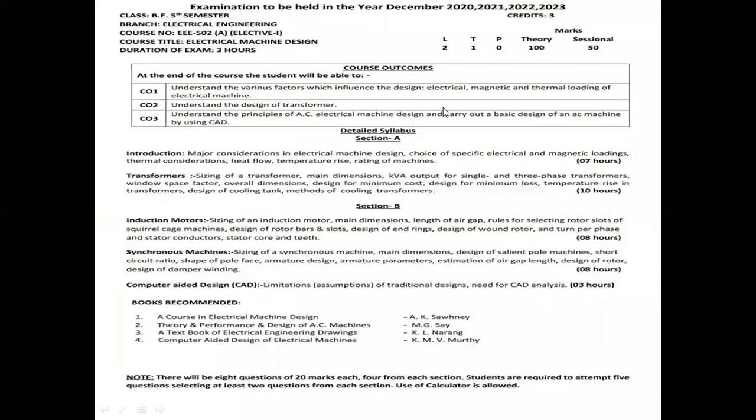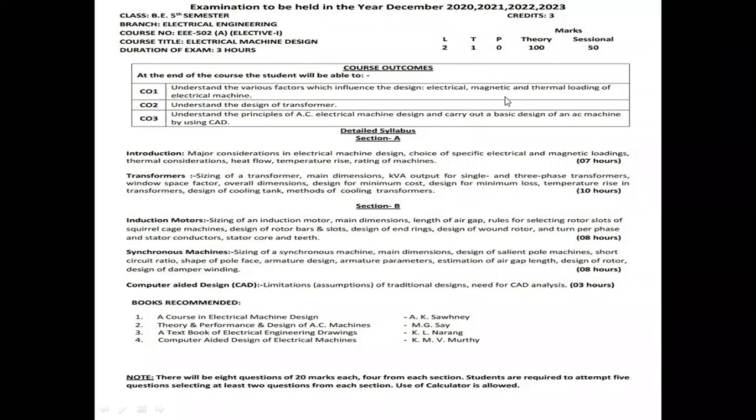So this is basically the syllabus of Design 1 that you have dealt with. If you see the syllabus, there are basically 5 units. You have a Section A and a Section B. In Section A you have 2 units, the introduction and the transformer.